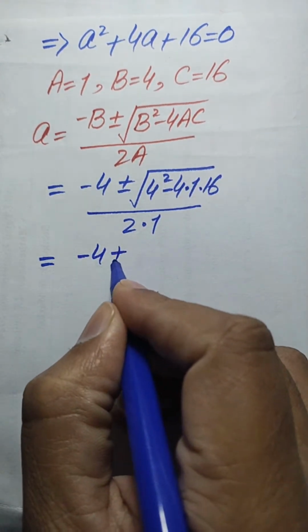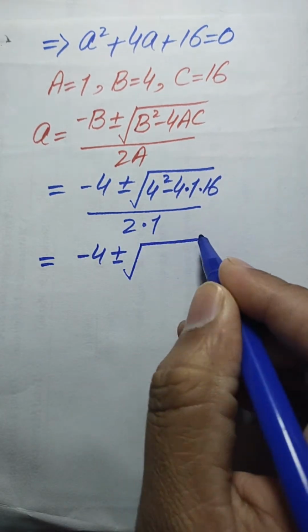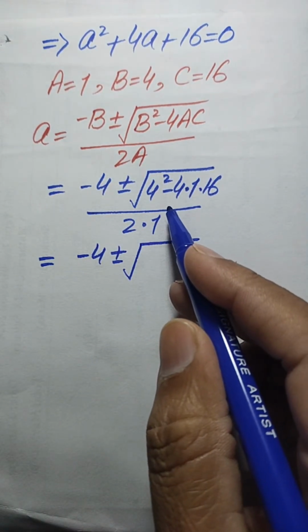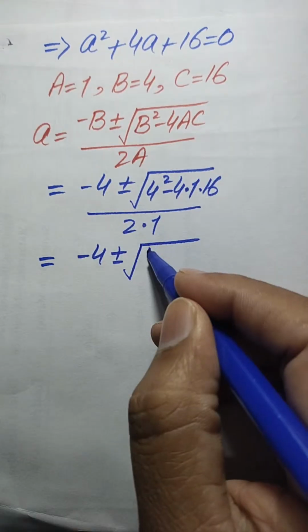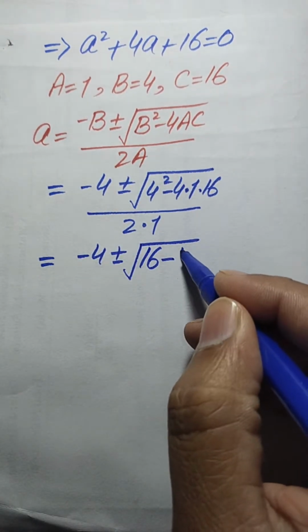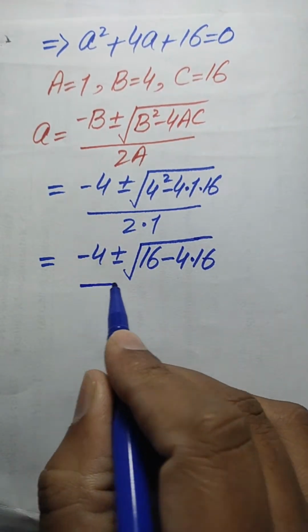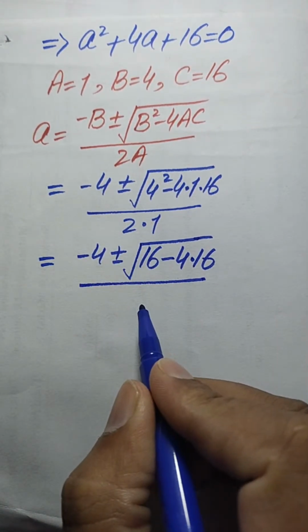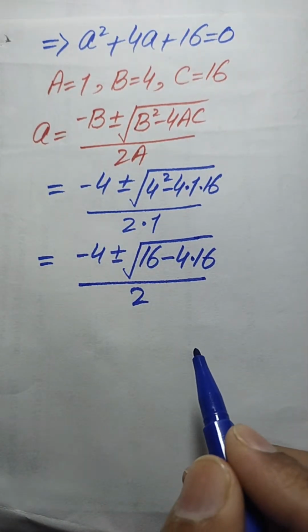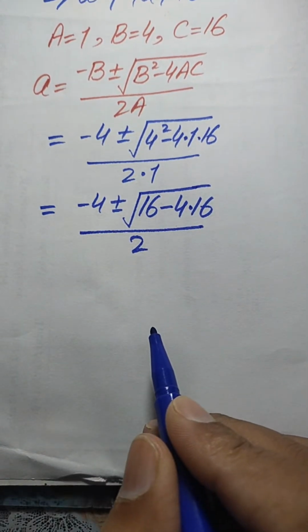minus 4 plus minus square root of, here we have 4 square, and we know that 4 square becomes 16, minus 4 times 16, and it is divided by 2 times 1, and 2 times 1 is equal to 2.